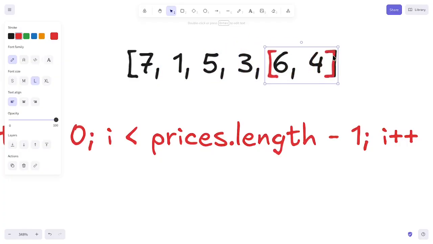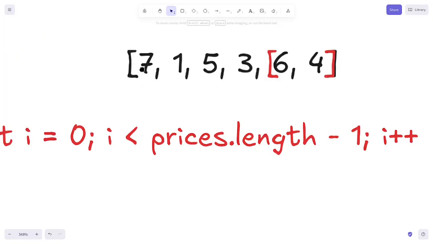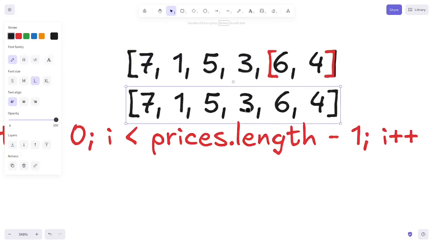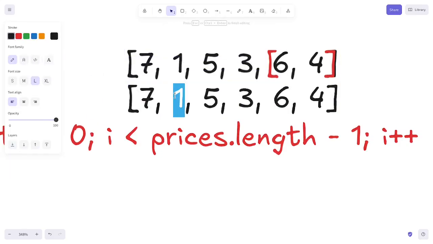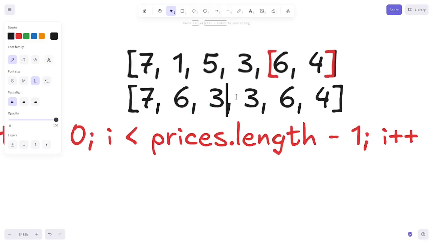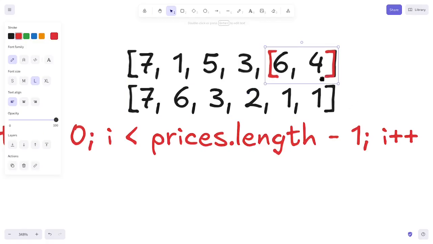Then finally we are iterating over the 6 and 4. Since the former is higher than the latter, it is not considered a profit, so we can just skip this part. And let's say the stock prices are going downhill, like 5, 7, 6, 3, and then 2, 1, and finally 1. We can just traverse over the 7 and 6.